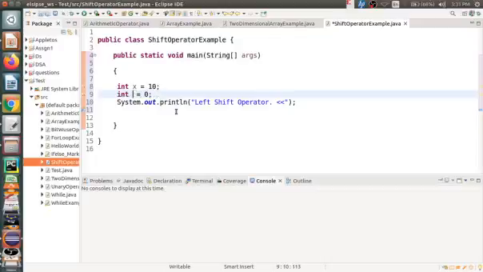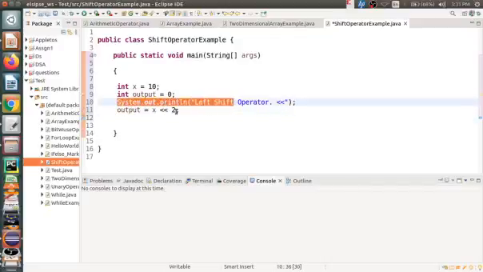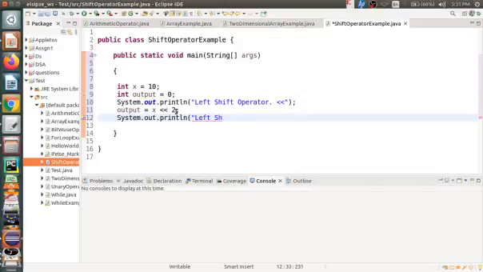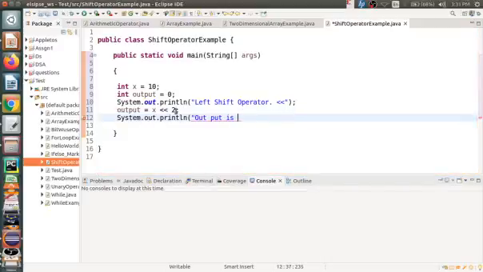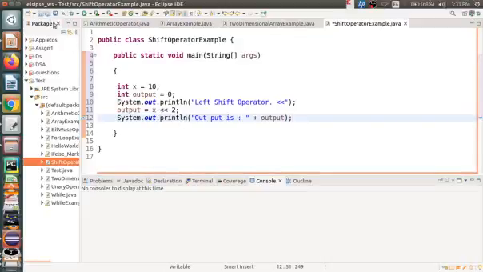Let us see the output. These are all integer values.